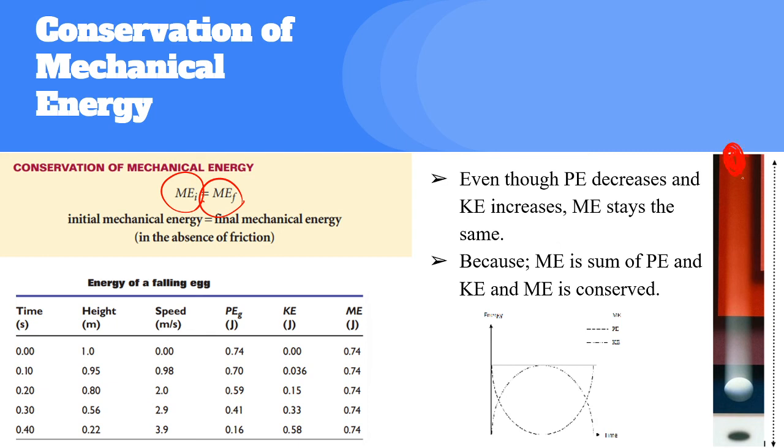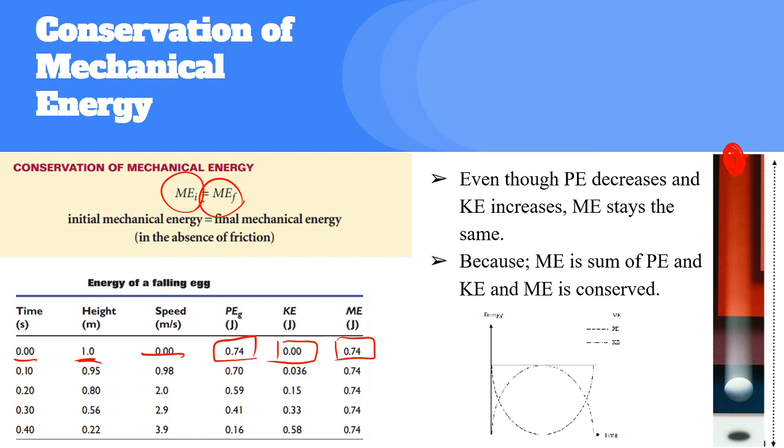When time is 0, it's at 1 meter height, so it's at rest. It's going to have 0.74 joules of potential energy, and that energy is due to height. It doesn't have to move, or it doesn't have to be at rest. It's due to the height. And since it's at rest, its kinetic energy is 0. But considering the total mechanical energy, it's 0.74.